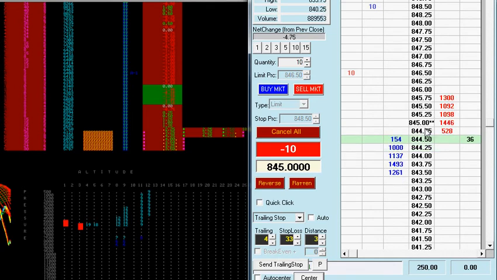It just means that it may take a little bit more time to develop than you would generally look for, because there are so many contracts to be sold at these price levels. It also may force the market to make multiple attempts to break through those points, maybe 2 or 3 times before it's actually able to break a bottom or a top.